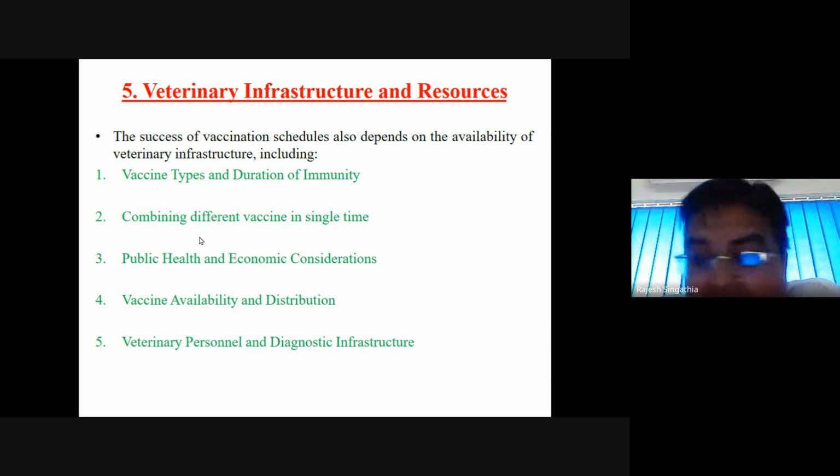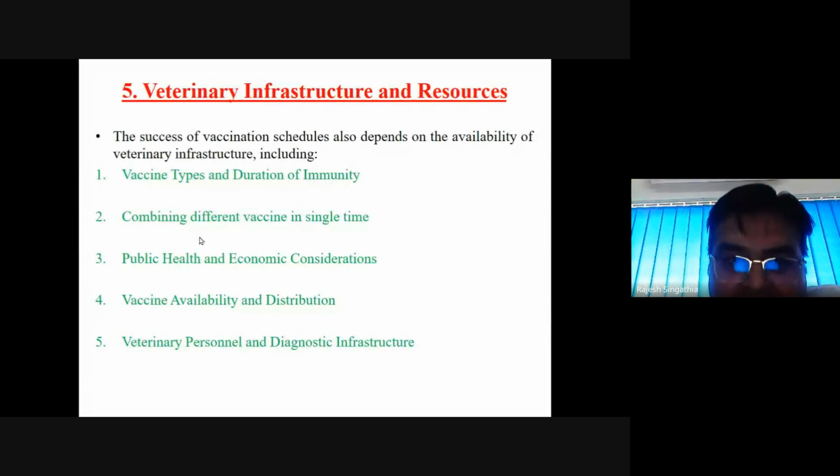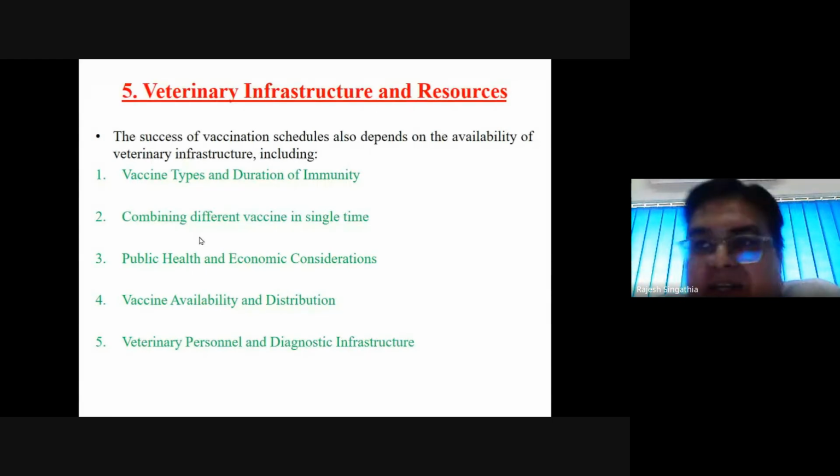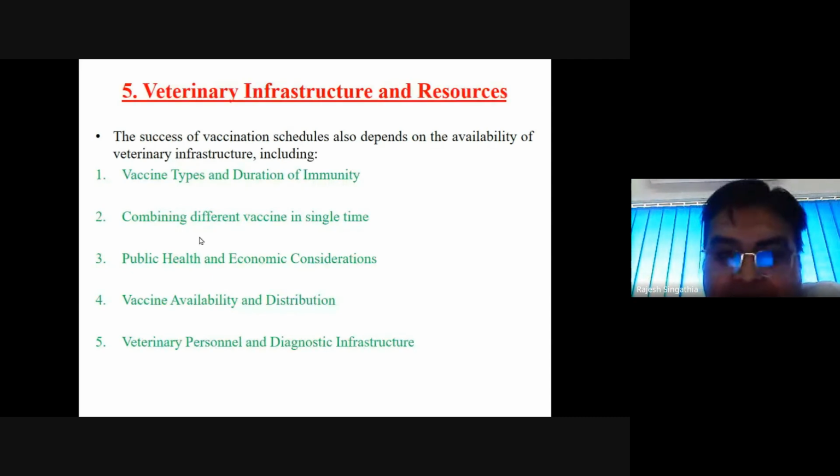For this we need skilled veterinarians and technicians to ensure that vaccines are administered properly. And diagnostic laboratories have to monitor outbreaks, etc. So this is again veterinary infrastructure and resources determining the vaccine schedule.